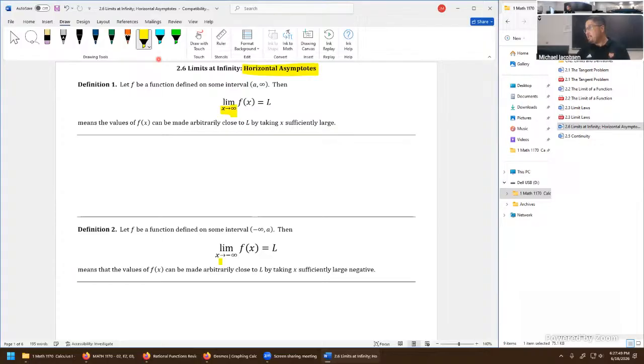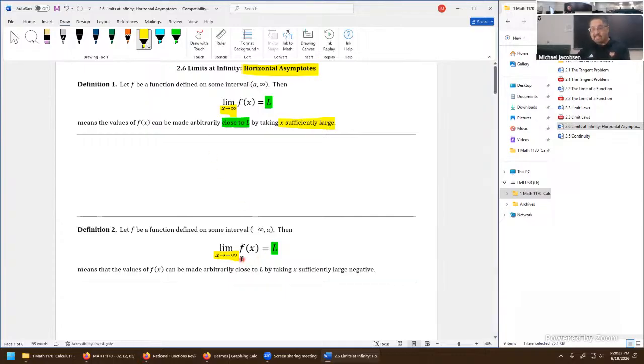X going to infinity or x going to negative infinity is really the same kind of concept as a horizontal asymptote. So we will review that as well as we go along. So if the limit comes out as L on either one of these, all that means is f of x gets closer and closer. It could be made arbitrarily close to that number L by taking x sufficiently large. Well, it's heading off towards infinity, so that's what we mean by sufficiently large.